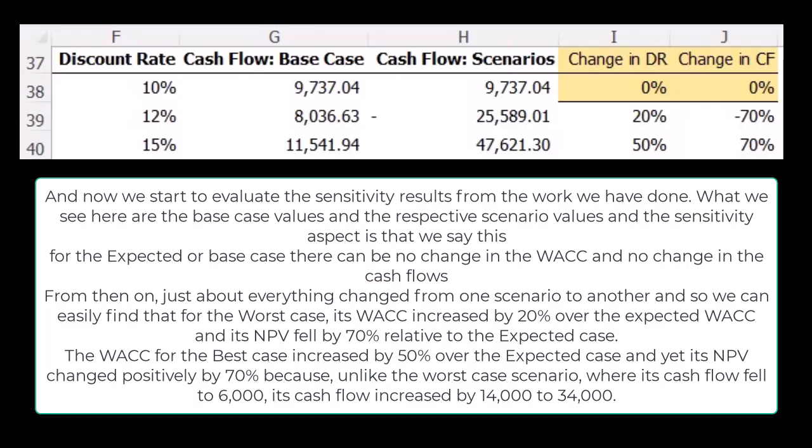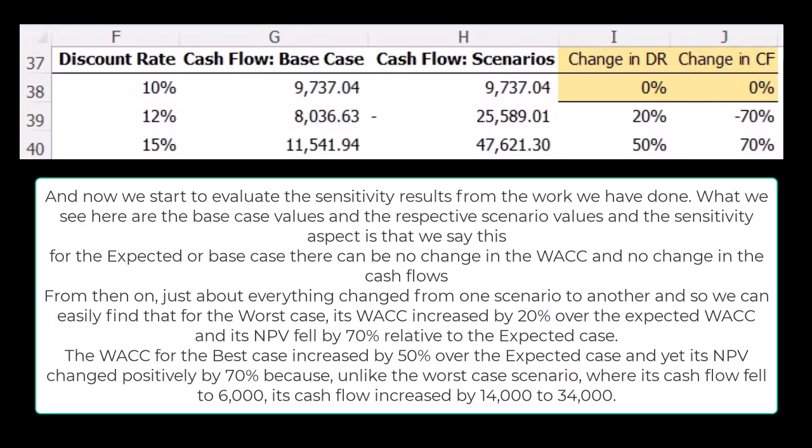What we see here are the base case values and the respective scenario values, and the sensitivity aspect is that we say this. For the expected or base case, there can be no change in the WACC and no change in the cash flows. From then on, just about everything's changed from one scenario to another, and so we can easily find that for the worst case, its WACC increased by 20% over the expected WACC, and its NPV fell by 70% relative to the expected case.